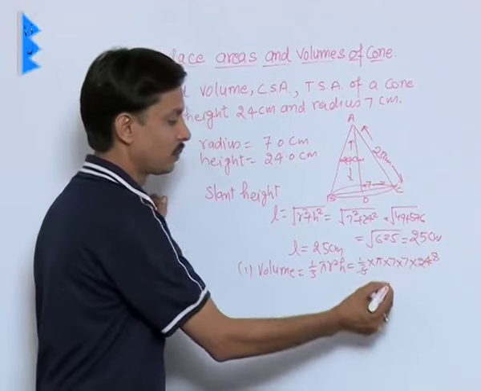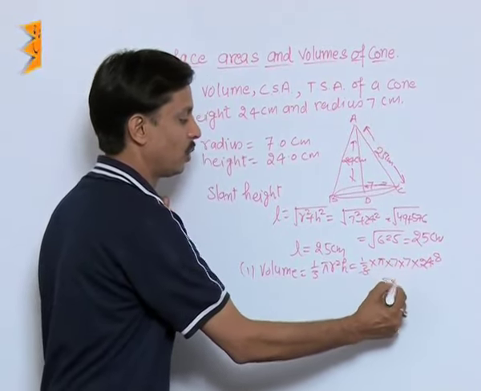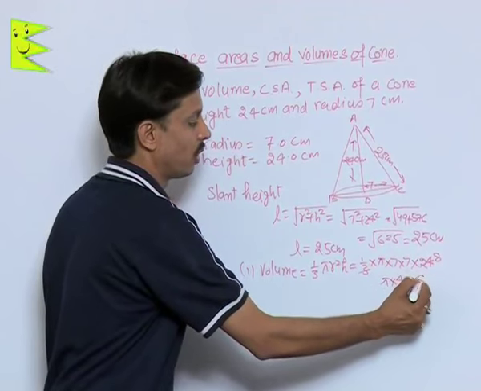3 8s are 24, 7 7s are 49. This becomes pi into 49 into 8.